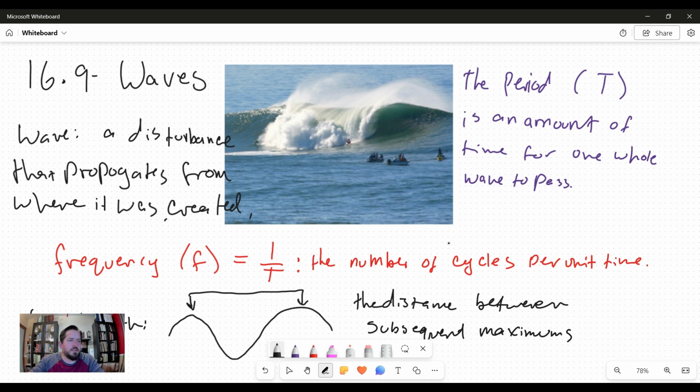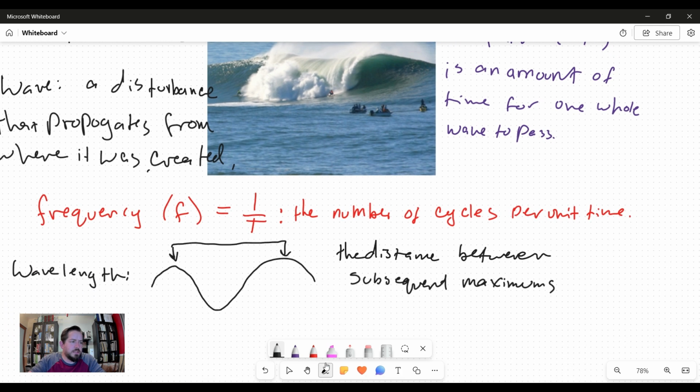Or minimums, right? It doesn't have to be maximums. You can say, well, this minimum and the next minimum, we're going to have that same wavelength. Or you can say this little spot right here corresponds to this spot on the previous wave, but that length is always going to be the same on a simple wave. And that wavelength is given the symbol, Greek letter lambda.